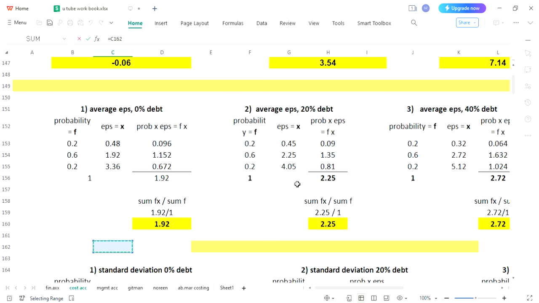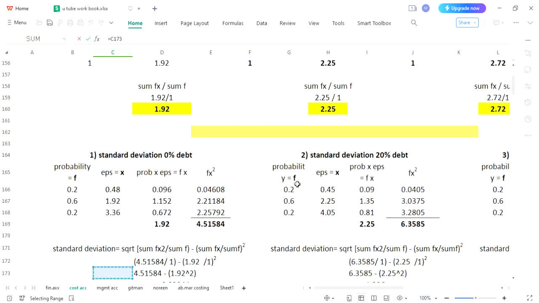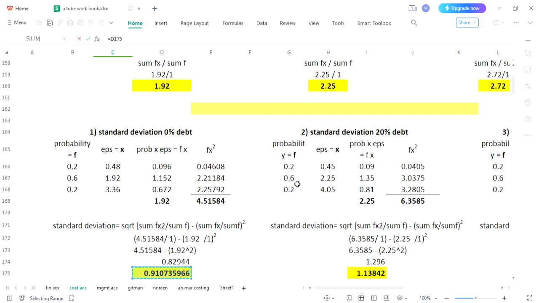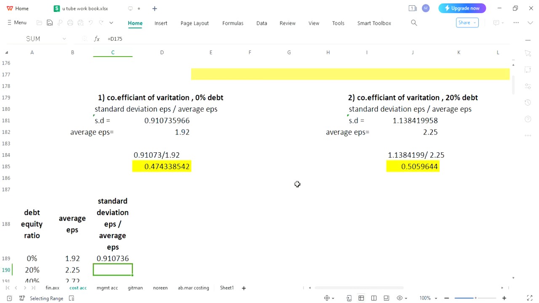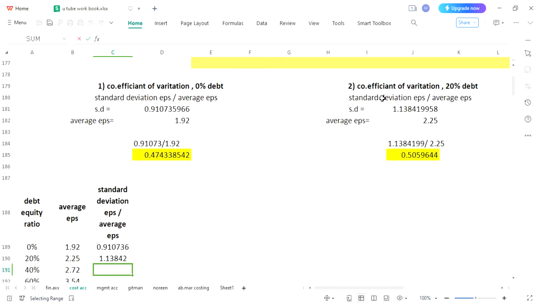This is your standard deviation for 0% and the answer which you have calculated is 0.91. Put it over here. Then you need to put standard deviation for 20%. Look here. Standard deviation for 20% is calculated and the answer was 1.13. That has been put over here.